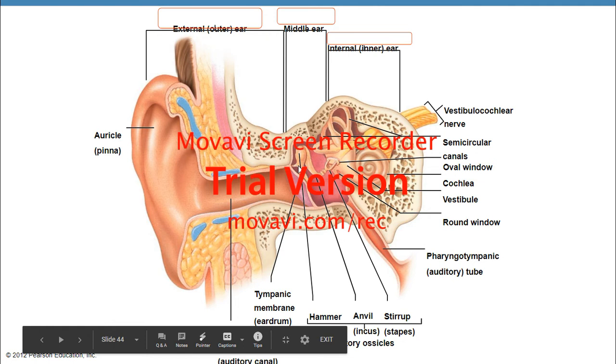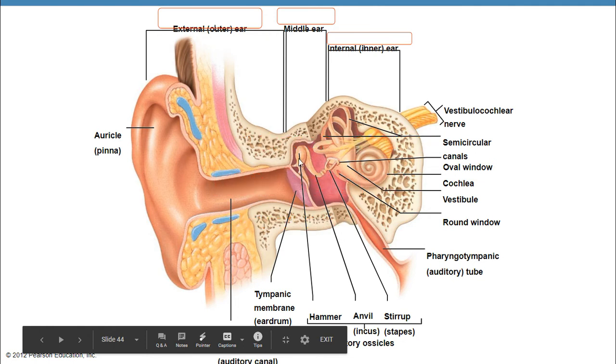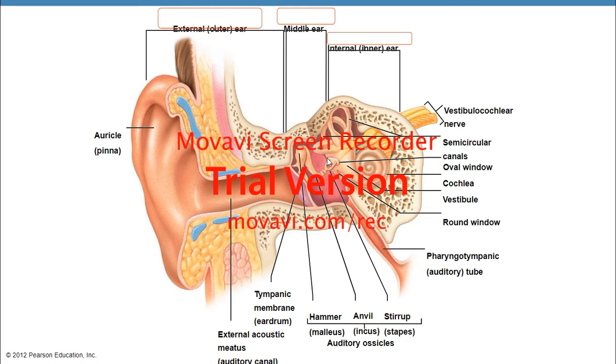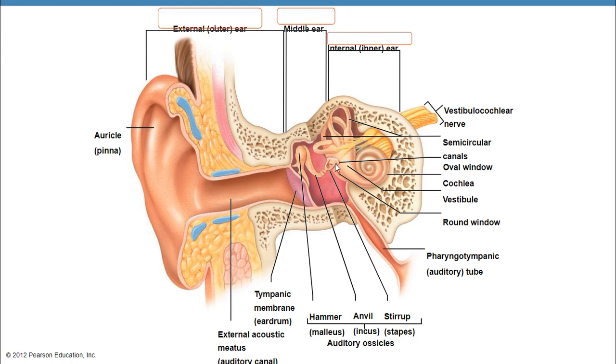So the waves are going to transmit from the malleus, incus, to the stapes, and then to the oval window, which you see right here, connected to the stapes.